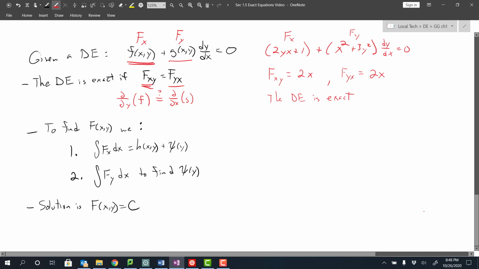Next, to find the actual function, I would start by taking that first function piece, the partial derivative with respect to x, and integrating it with respect to x. If I do a partial integration of this with respect to x, the result should be my first expression for F of x, y, and the result here would be y times x squared plus x plus, normally I'd add my constant of integration, but because I'm doing a partial integration with respect to x, I wouldn't have a regular constant, I would have any function of just y.